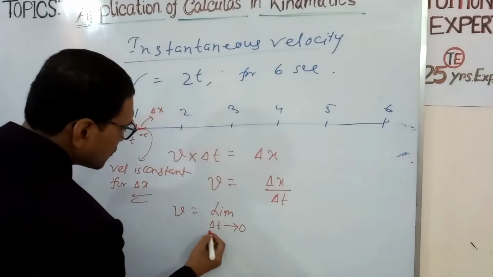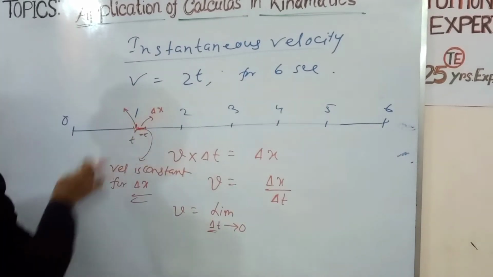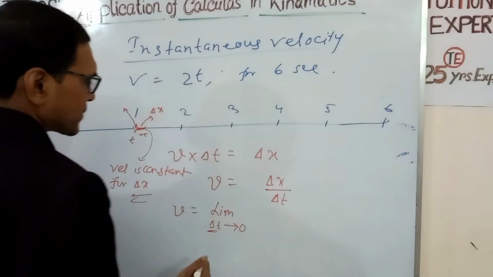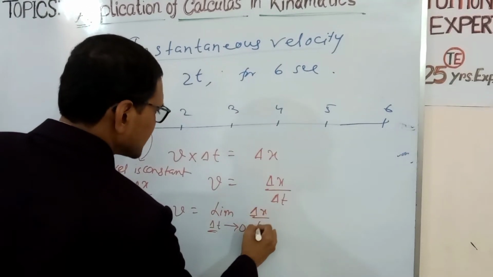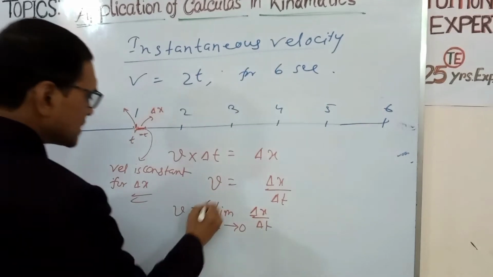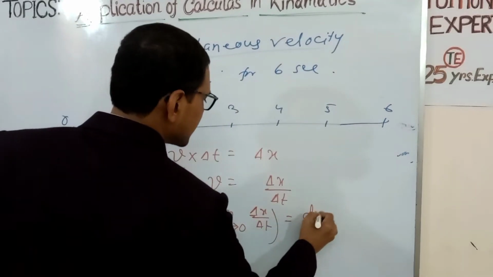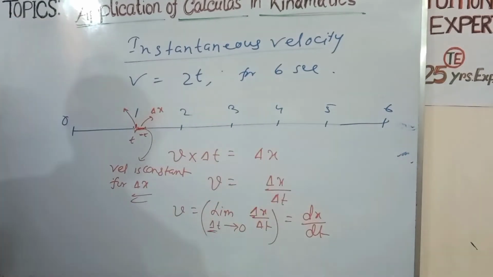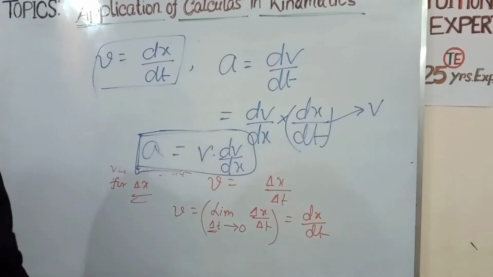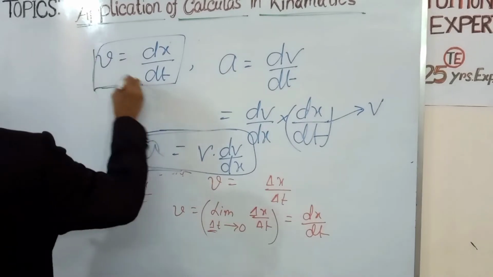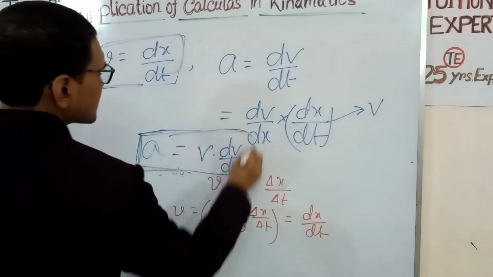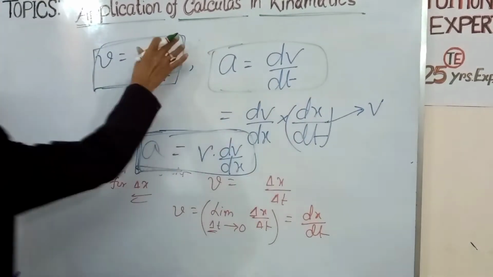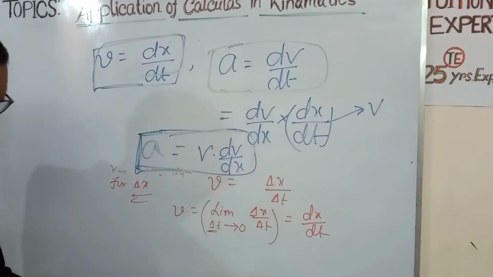This is called dx by dt. So this way instantaneous velocity can be calculated. Velocity is this, acceleration is equal to this and this. These three are the basic formulas of kinematics.